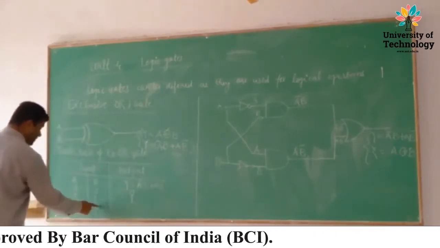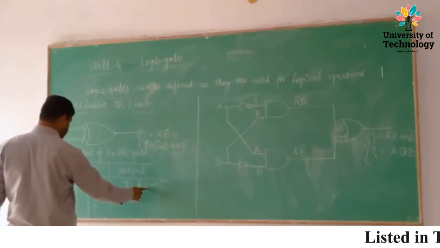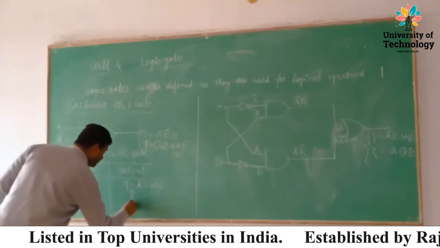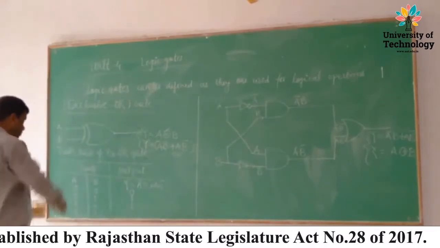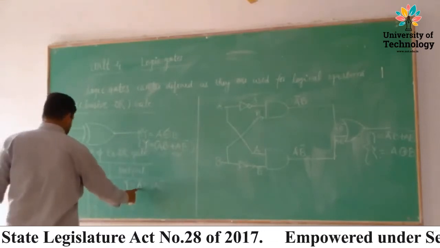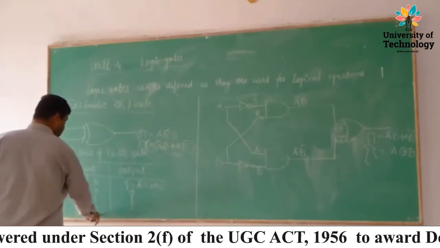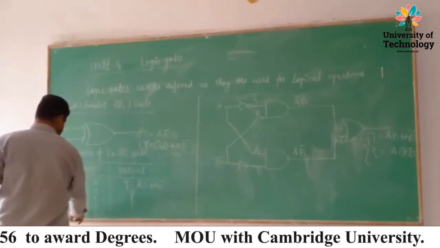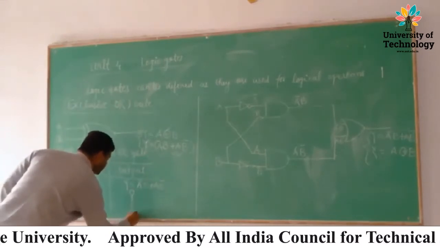Third case 1 0: A bar B is 0 into 0, 0 plus A B bar is 1 into 1, 1. Last, when A equal to 1, B equal to 1, A bar B is 0 into 1, 0 plus A B bar is 1 into 0, which means 0 plus 0, 0.